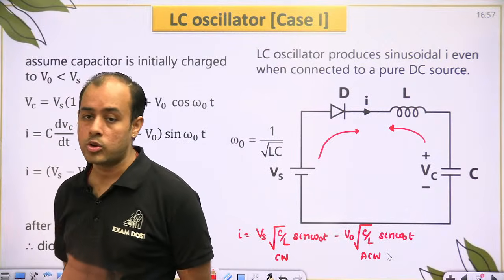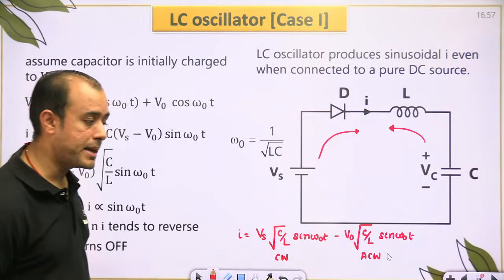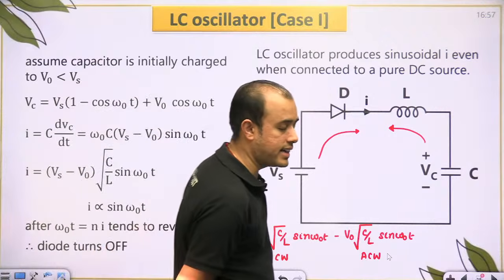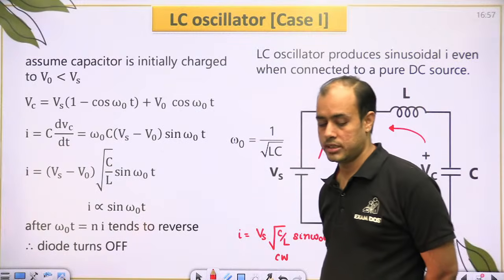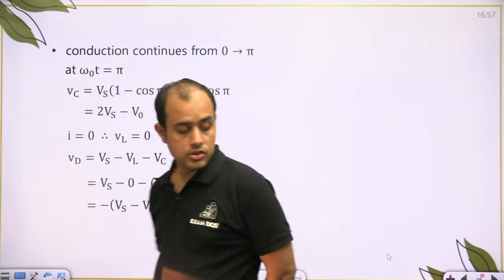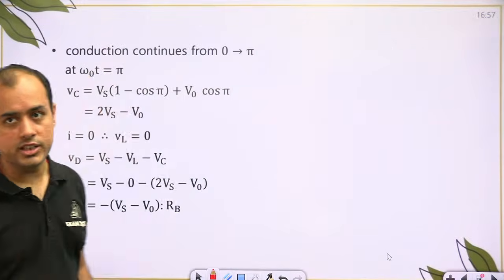VGT. डायोड को कितना चाहिए? VD. जब कैपेसिटर के पास इतना वोल्टेज आ जाएगा तब SCR आपका ट्रिगर हो जाएगा. ऐसा मैंने बोला.